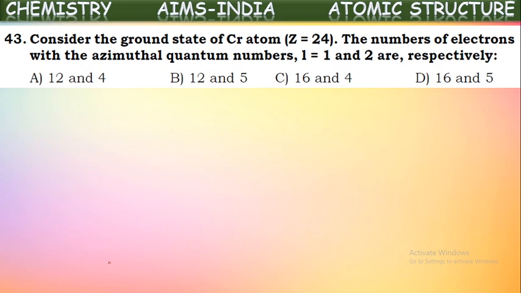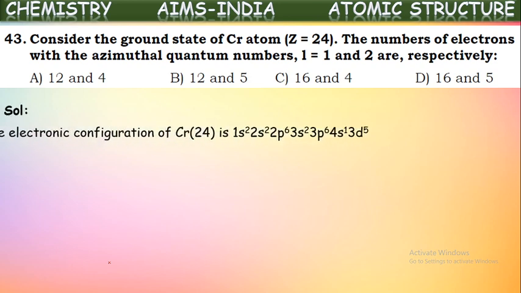Next question. Consider the ground state electronic configuration of chromium. The numbers of electrons with azimuthal quantum number l equal to 1 and 2 are, respectively. From the ground state electronic configuration of chromium, they are asking us to calculate the number of electrons with l equal to 1 and with l equal to 2.